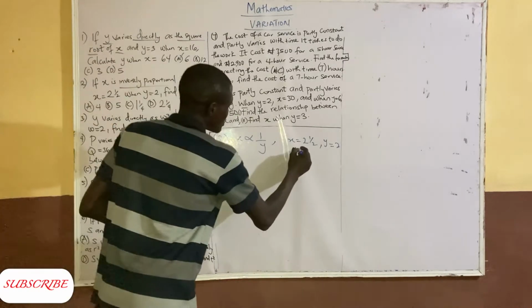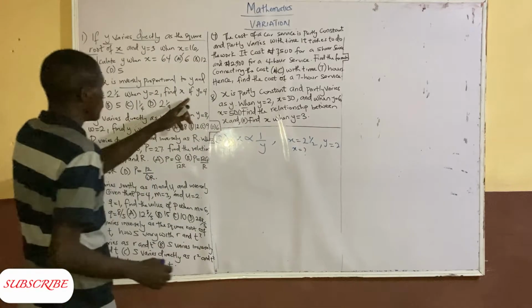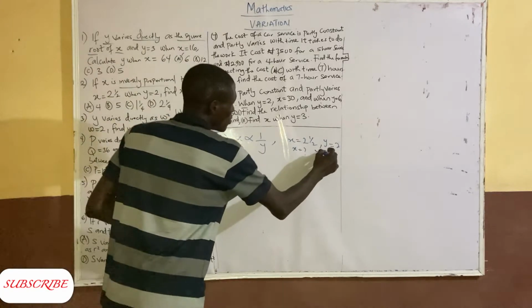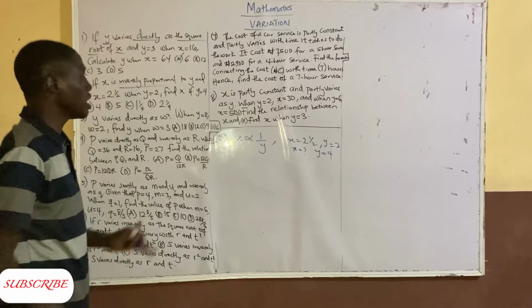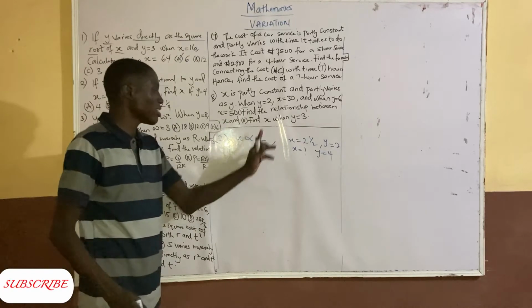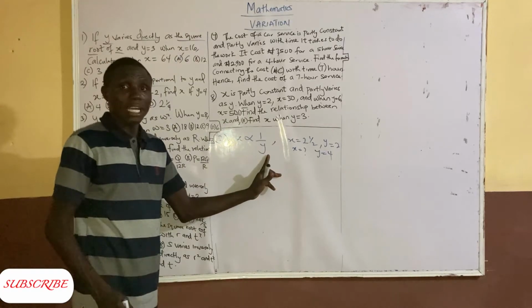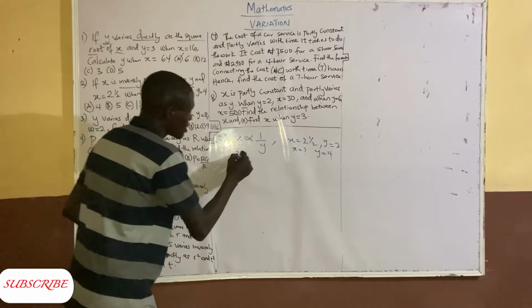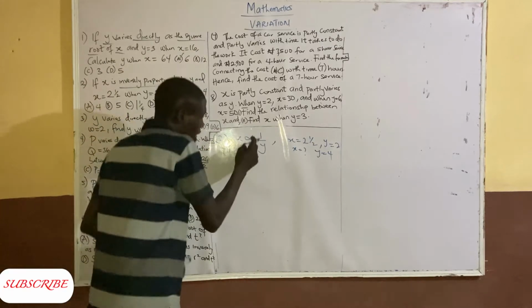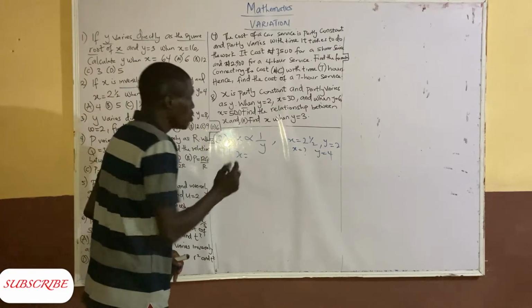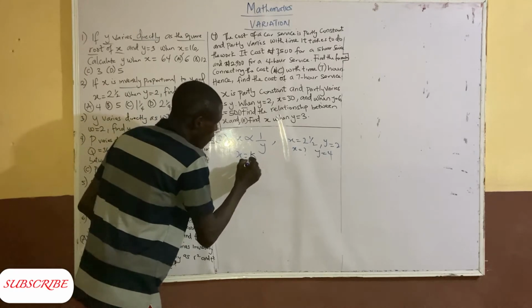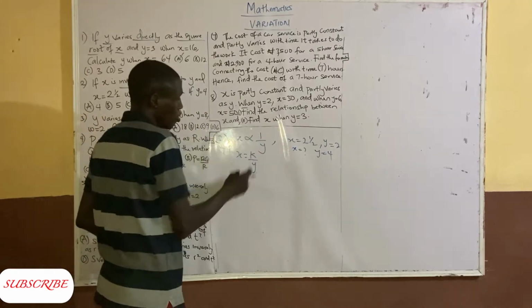What is x if y equals 4? From the variation, they say x varies inversely to y, that is 1 over y. So x is equal to, replacing the proportionality sign with k, k over y.